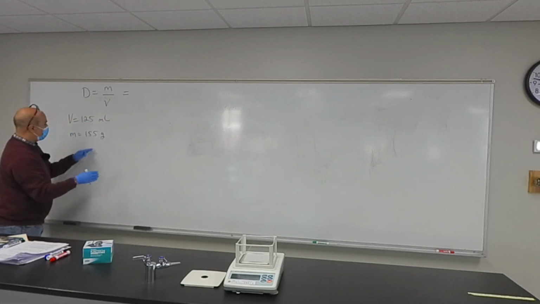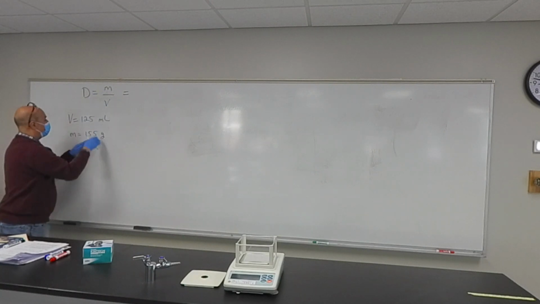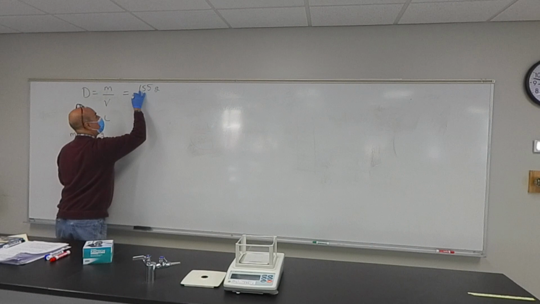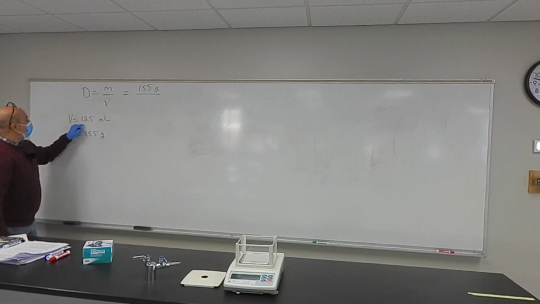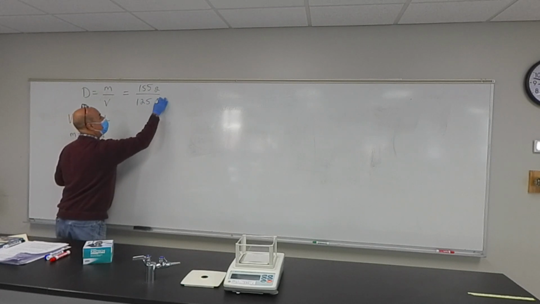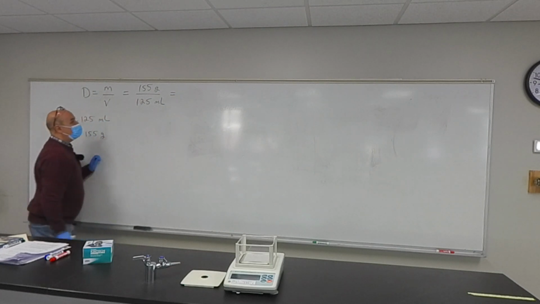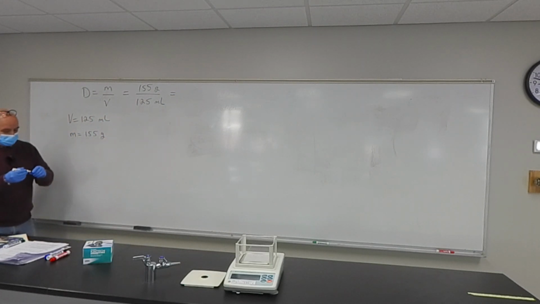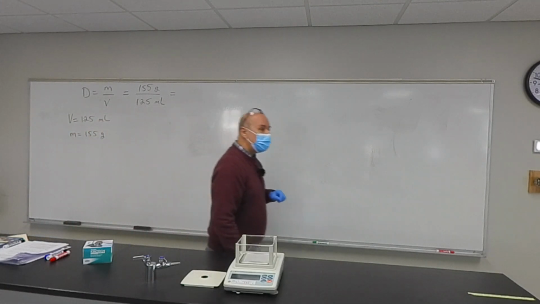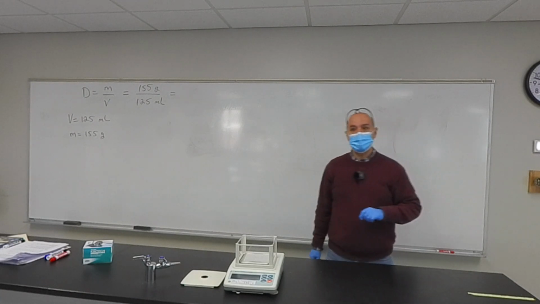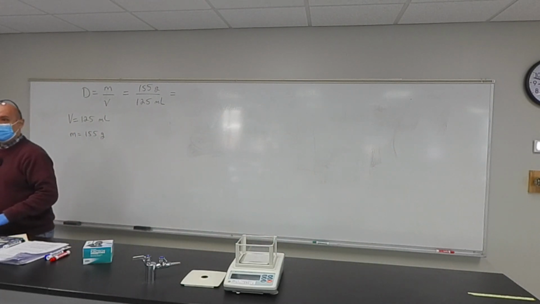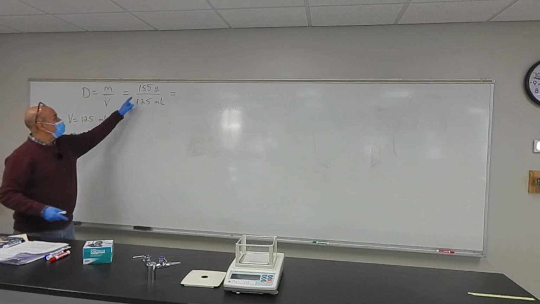Of course, in the proper place, mass has to go on the top, 155 units of grams. Volume, 125 units of milliliter. And now let your calculator do the work. And the problem does ask you to use 3 significant figures. It's not asking you the proper number, it's asking you for 3. They happen to be the same. We have 3 and 3.